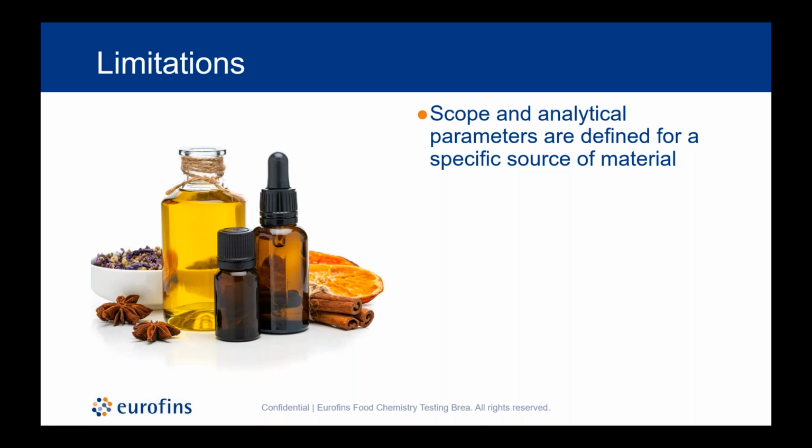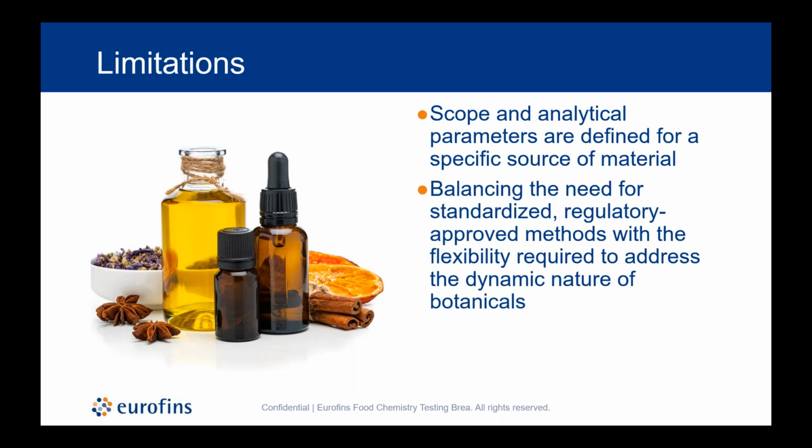So while the scope is an advantage to ensuring that the data is fit for purpose, it can also be a limiting factor, and it may not account for all the variability across every region, every harvest, every season, every different type of extract.